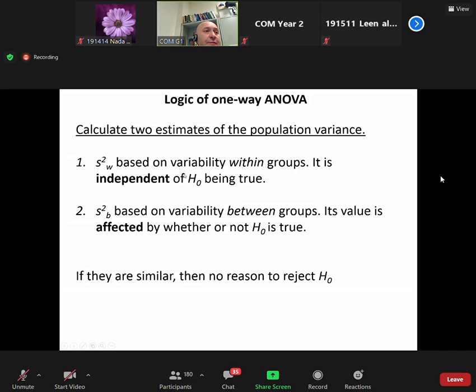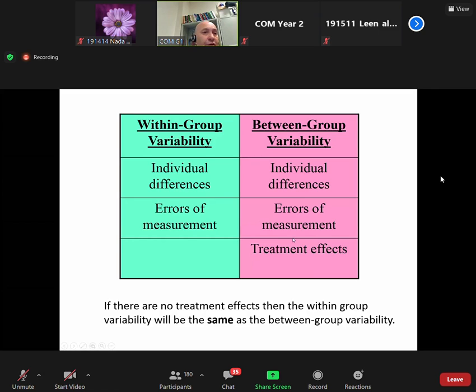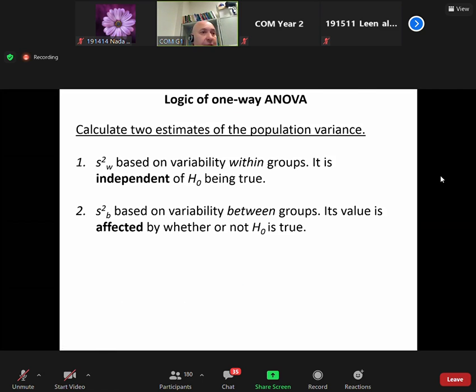If these estimates are similar, as I showed in the previous slide, where there are no treatment effects, if the null hypothesis is true, then these two estimates should give you a similar number.